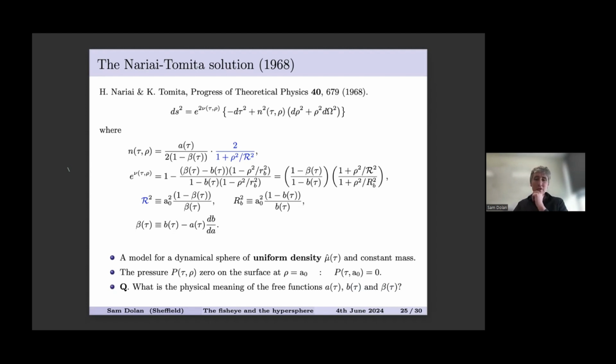So it's not at all clear at the outset what the meaning of these free functions A, B, and beta is. But I can see from my rewriting that beta has something to do with the effective radius of the hypersphere. Okay, so that's the Nariai-Tomita solution that they introduced.